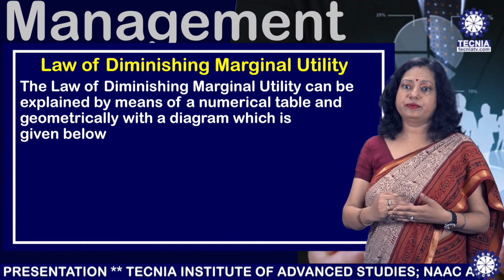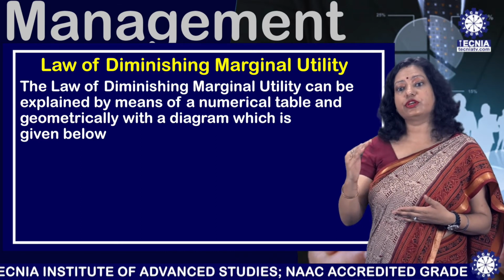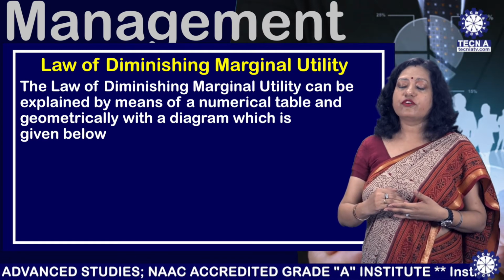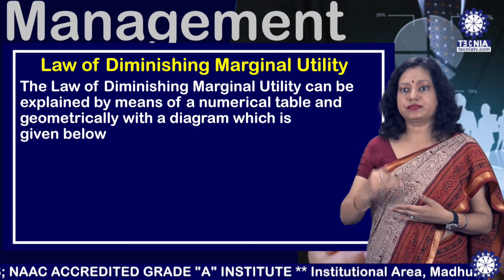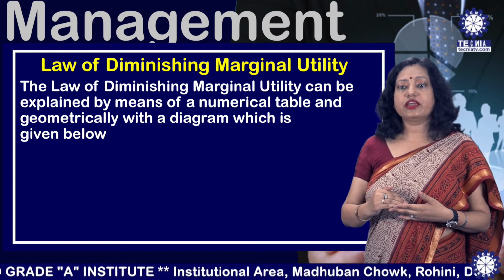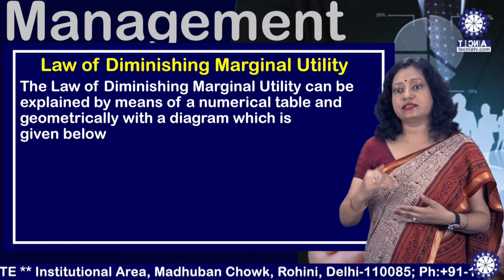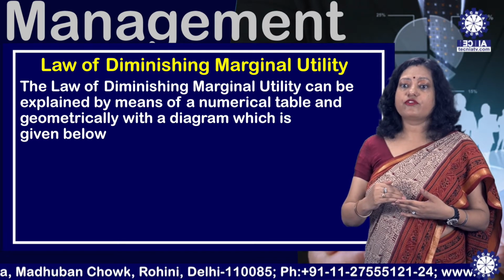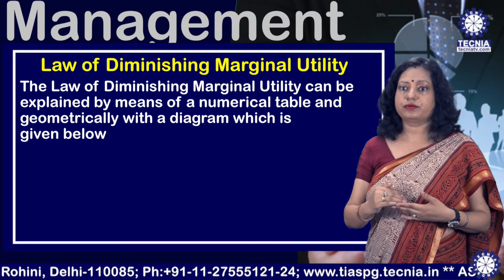The third unit which we consume increases the total utility from 18 to 24, which shows that the marginal utility derived from the third unit decreases from 8 to 6. The fourth unit, if we consume it, gives a total utility of up to 28 utils, which shows that the marginal utility derived from that fourth unit goes on diminishing from 6 to 4.